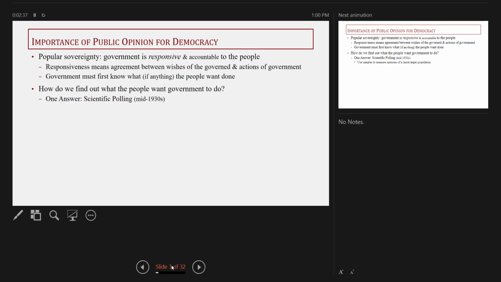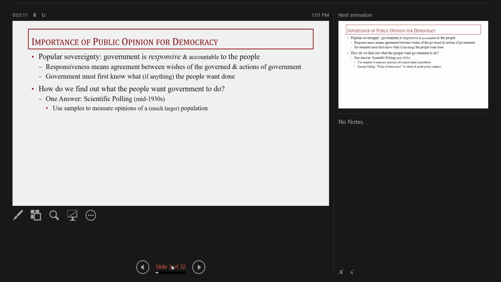And so the question becomes, how do we find out what people want government to do? One answer that we're going to talk about in this topic is scientific polling. But scientific polling is a modern technology. It really didn't begin to take the form of a science that we could rely on until the mid-1930s. But the basic idea has been around for a long time. It wasn't until the 1930s that Gallup and some other pioneers began to figure out just exactly what sampling meant.